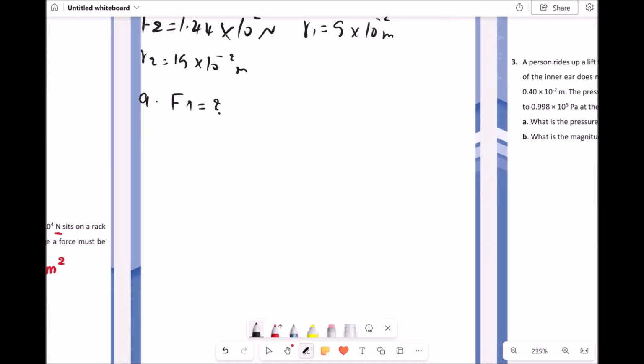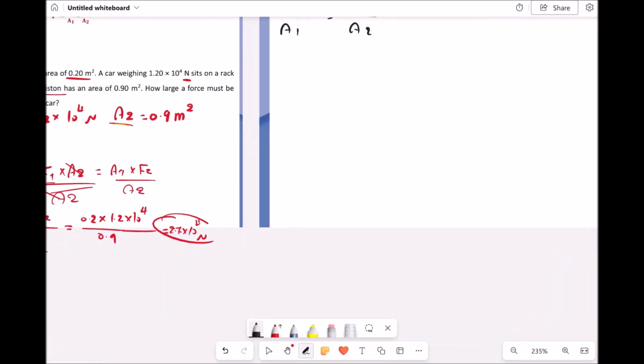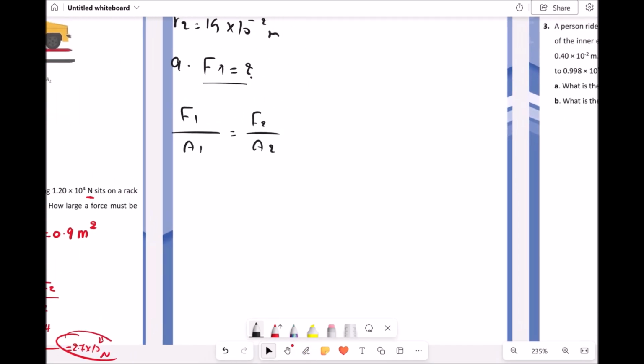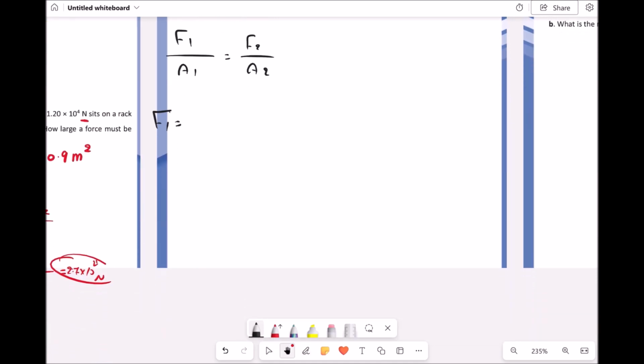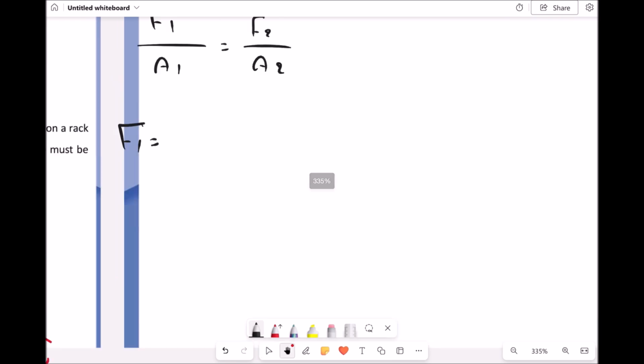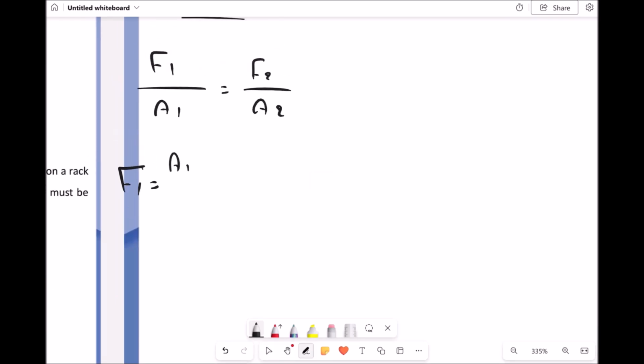As you remember from the previous question, we said F1 divided by A1 is equal to F2 divided by A2. We are trying to find F1. It's the same question, the same thing here. So you will say F1 is equal to A1 multiplied by F2 divided by A2.